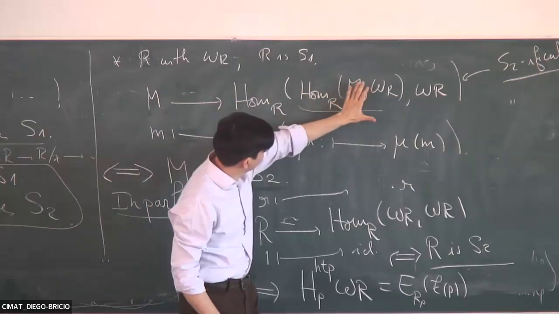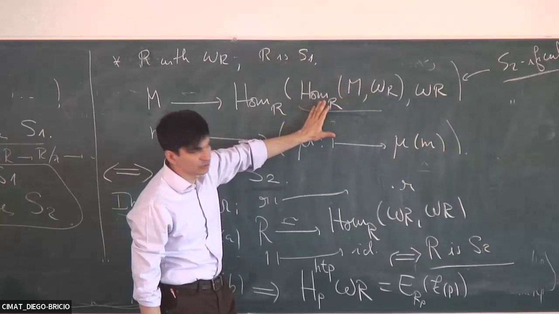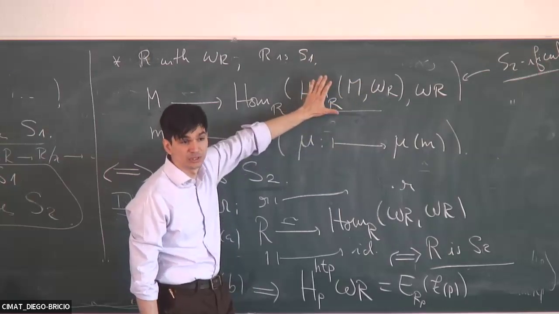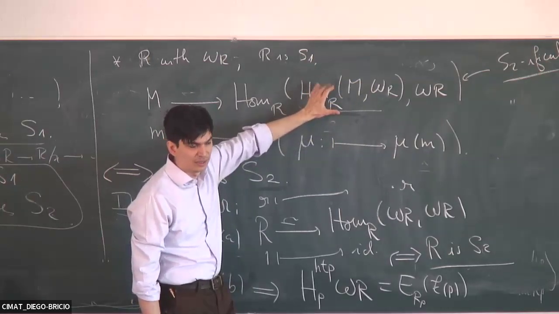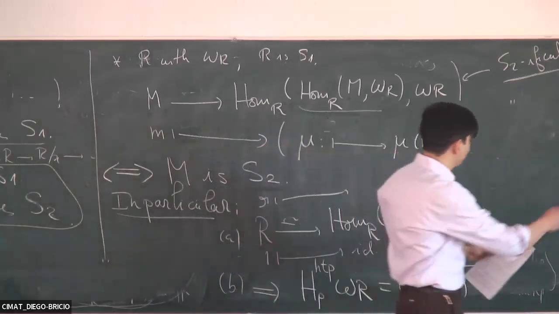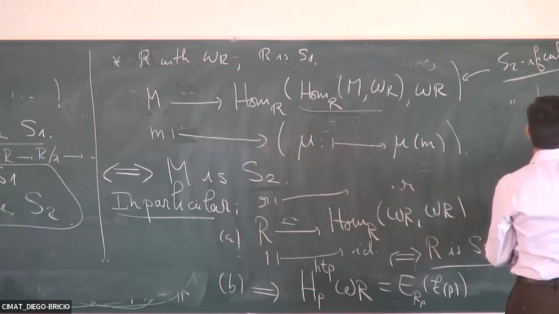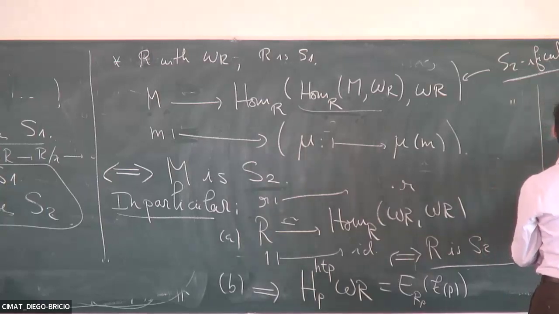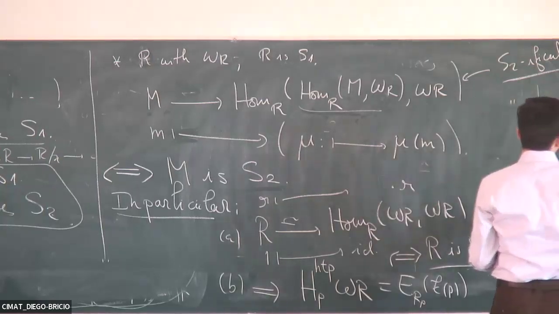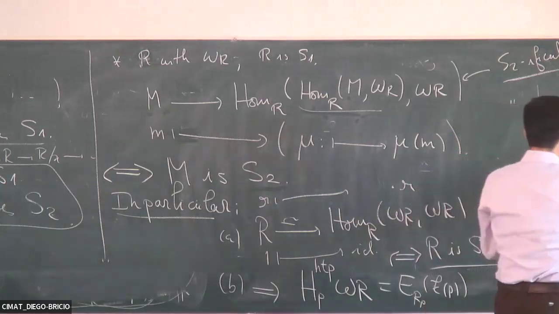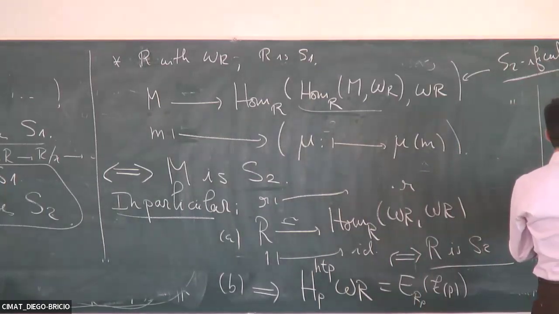And what this does is give you the S2-ification of your module. This module is S2, actually. And out of that, we get the following. I put it here as a proposition. And this is why the S2 property matters.